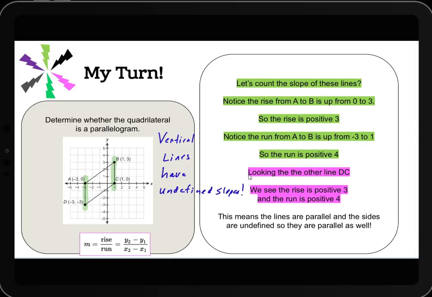Now, what that means is if you look at the two lines, they have a vertical change. That means that there's a vertical change in their position from B to C or C to B, A to D or D to A, but there's no horizontal shift whatsoever. So what that implies then is that there's no horizontal shift, meaning there's 0 movement left or right.